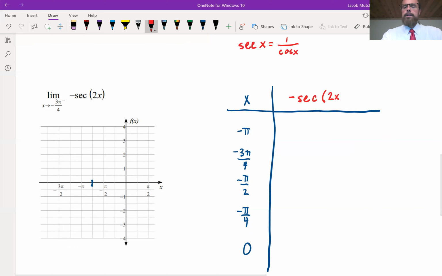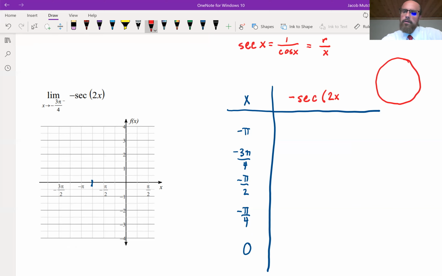So when I'm thinking in terms of unit circle, cosine is x over r. So if it's the inverse or the reciprocal, it's going to be the radius over the x value. Let's put a unit circle here so we can visualize it.